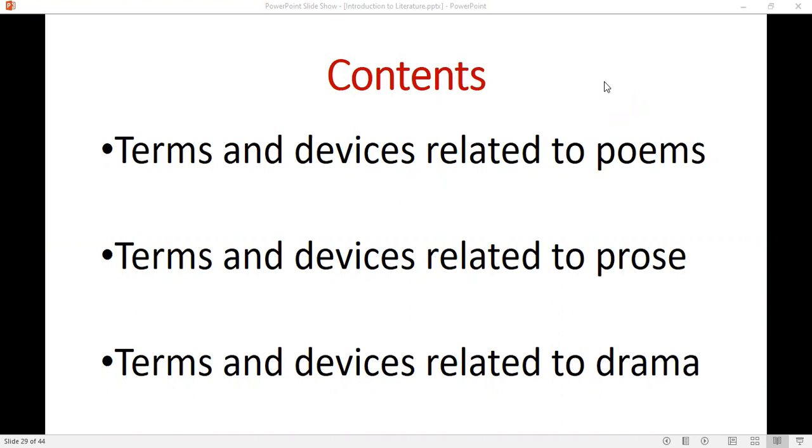As poetry, prose, and drama are the three major branches of literature, when we consider the terms and devices used in those texts, we will be able to understand the terms and devices used in literature in general.